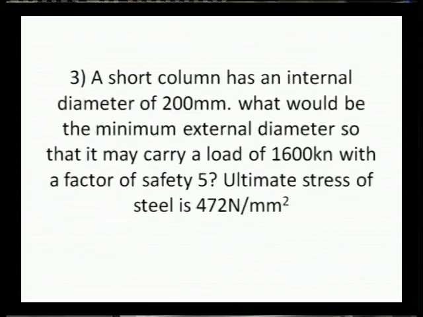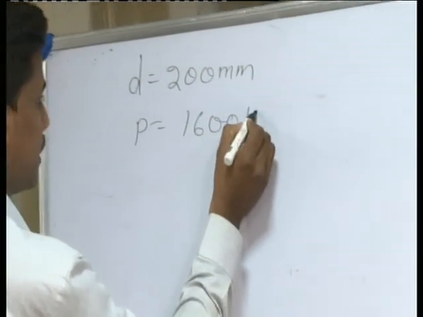So here it is a design problem. We have to design the external diameter so that the column resists the given load. First, let us note down the given data. Internal diameter is 200 mm, load P is 1600 kilonewton.